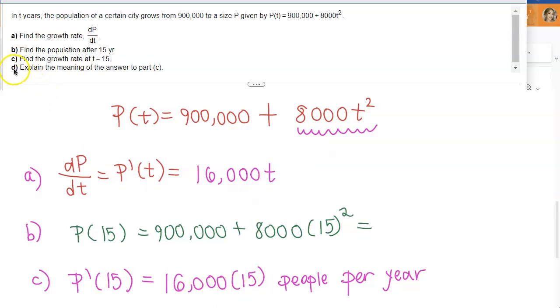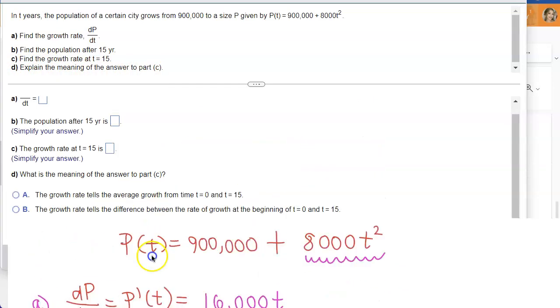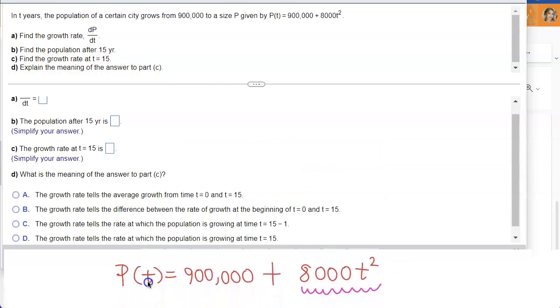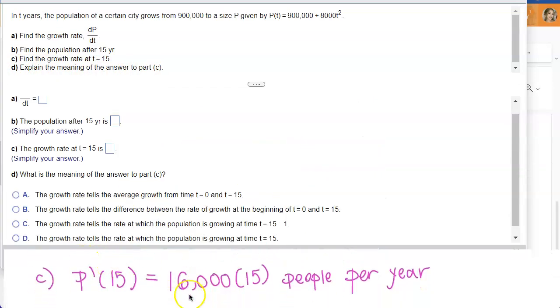So part D is asking, explain the meaning of the answer in part C. I think that's what we just talked about. The growth rate, this number that we get when we type this into the calculator, tells us... they made it multiple choice. Not from 0 to 15. What we found is actually the instantaneous rate of change at T equals 15. So they're not talking about from year 0 to 15.